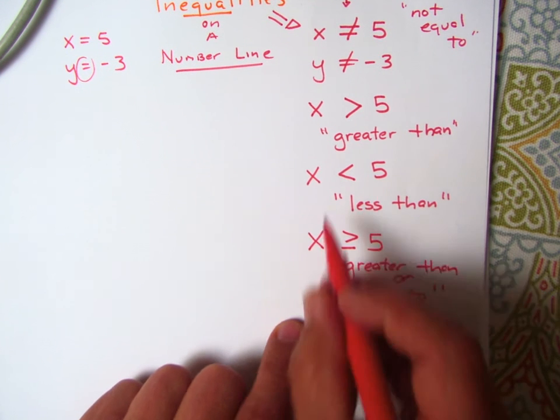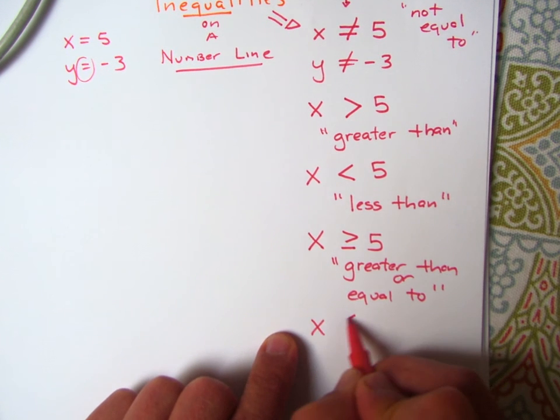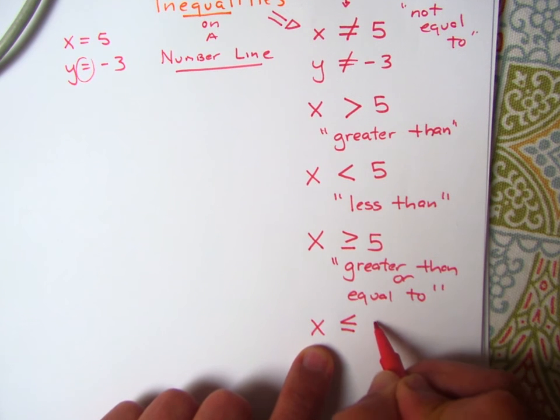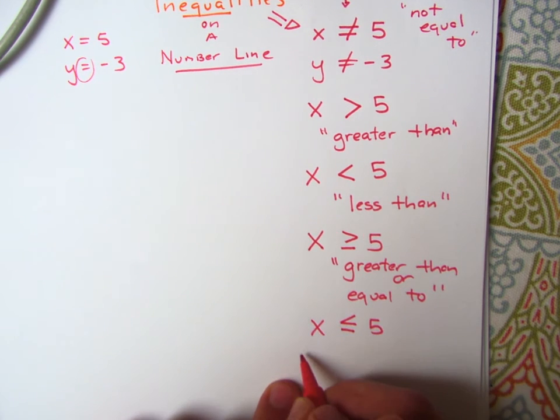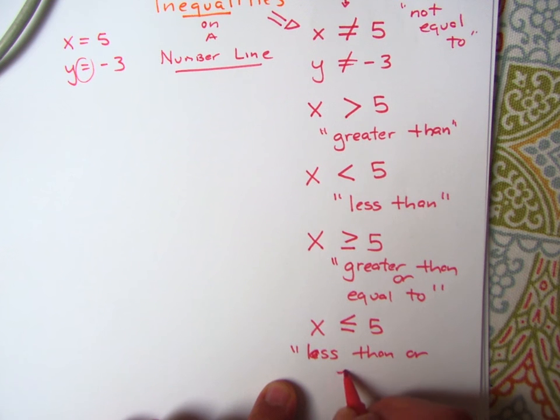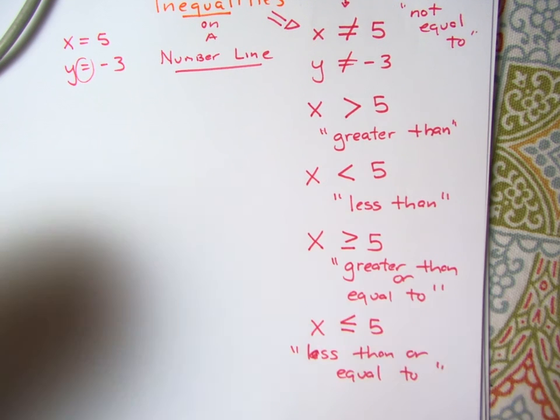And then the other one is x is less than, because it's pointing to the left, left-handed, or equal to 5. So here we go. Less than or equal to. Okay? So how does that work?